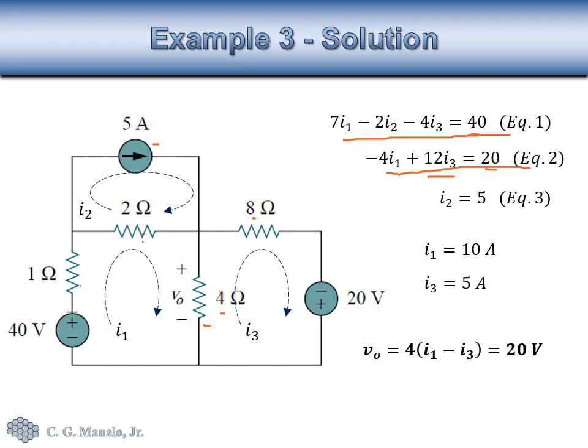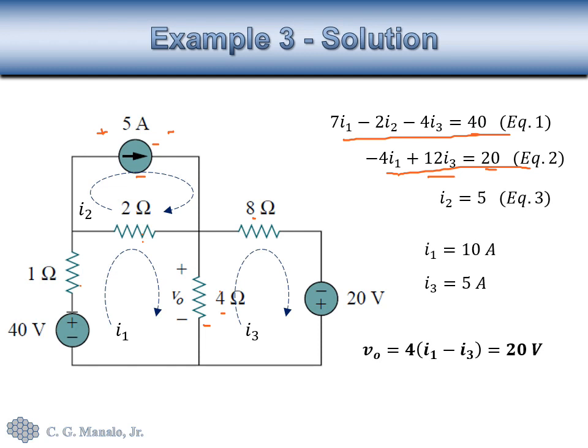Now this loop contains a current source, so we cannot initially write KVL equations because this one is not a resistance nor a voltage source, and therefore we don't know the voltage across this current source for the moment. So we cannot write a decent KVL equation in this loop.